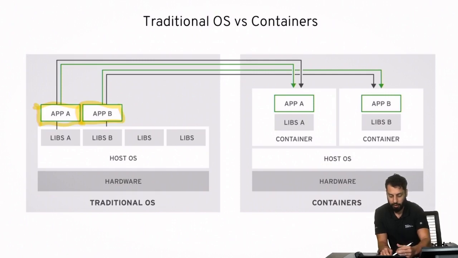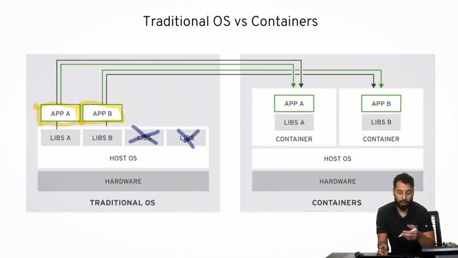Now, these two applications are not truly isolated from each other, and that is because of how closely coupled they are to each other inherently by using the same libraries on a host operating system. Again, if anything was to change with one of these libraries, we have no idea what the effects could be on app A or app B.